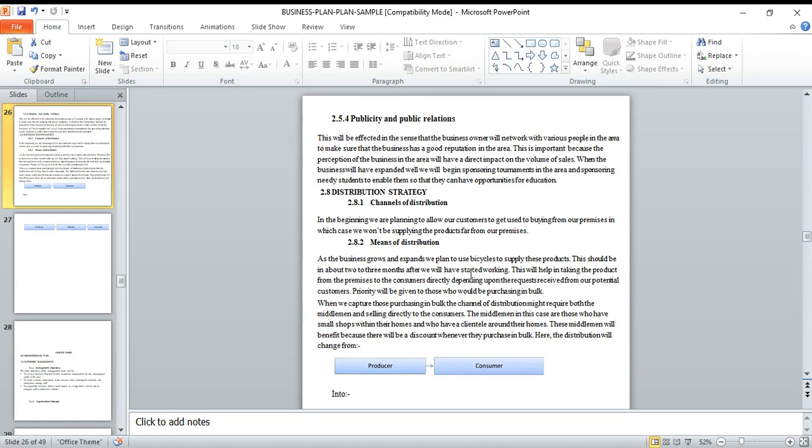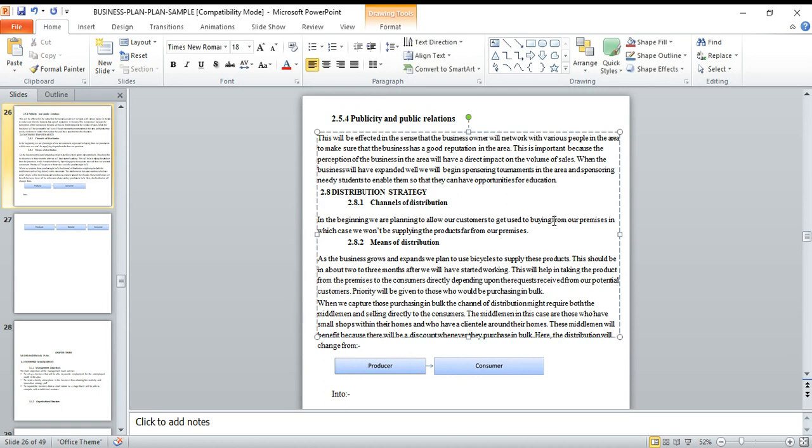So, in the beginning, we are planning to allow customers to get used to buying from our premises, in which case we won't be supplying products far from our premises.